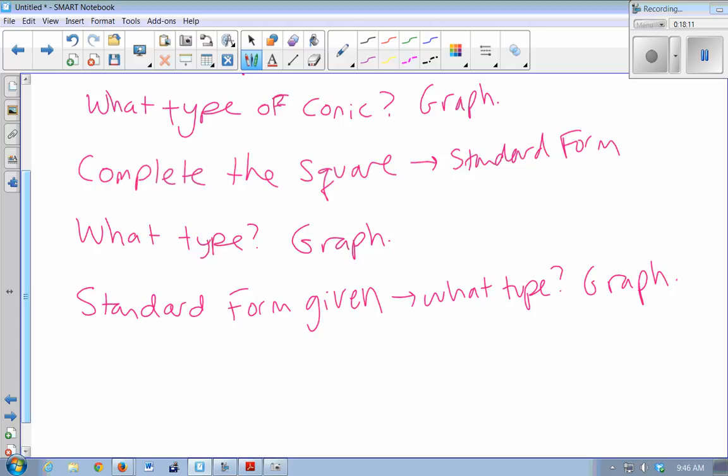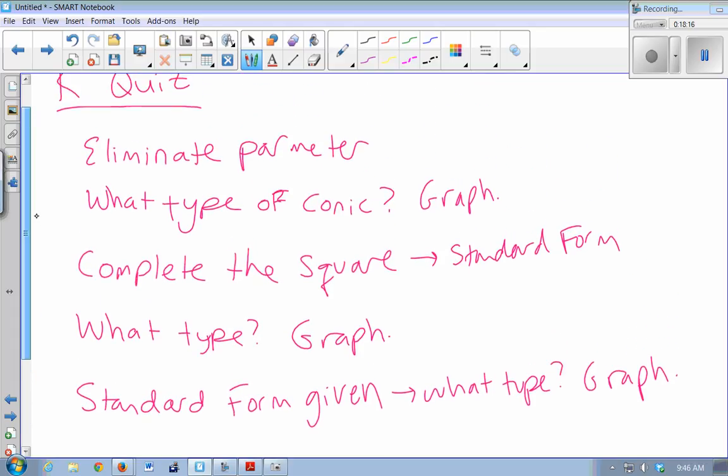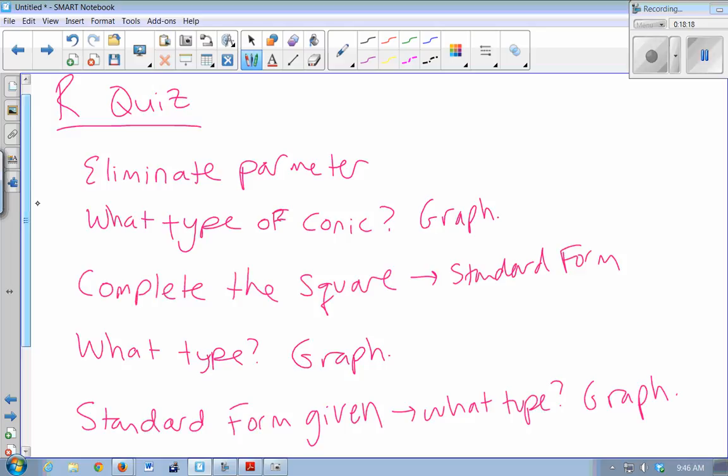So there's 3 questions dealing with the 3 different ways that I can give you an equation of a conic section. Parameterized, with where you have to complete the square to turn it into a standard form, and then just plain old standard form. And then with all of those, you should be able to answer the same kinds of questions. What type of a conic is this? Sketch its graph.